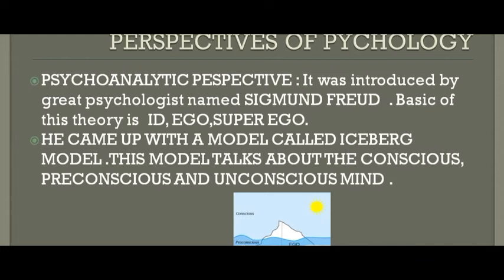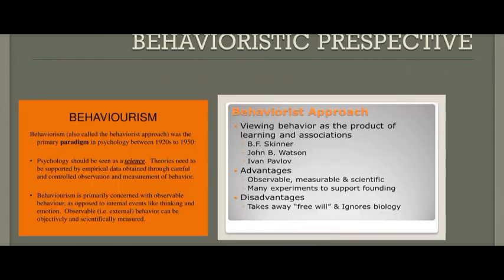You can see it over here, that the tip of the iceberg is your conscious. Then comes the preconscious, that is your ego. Then comes superego, and then comes unconscious, that is it. You don't need to get into it, just understand the basics of it.